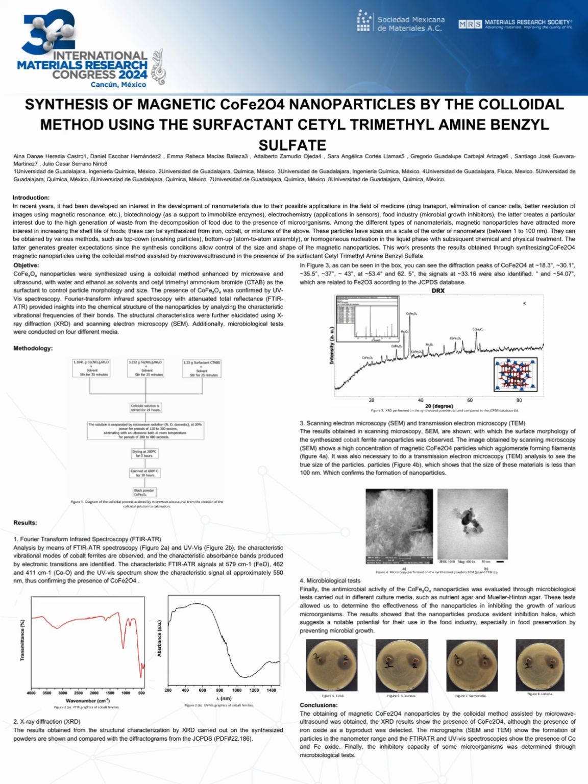The latter method generates high restrictions as the synthesis conditions allow control over the size and shape of the magnetic nanoparticles. This work presents the results obtained through the synthesis of cobalt ferrite magnetic nanoparticles using the colloidal method assisted by microwave and ultrasound in the presence of the surfactant 3-methyl ammonium bromide.